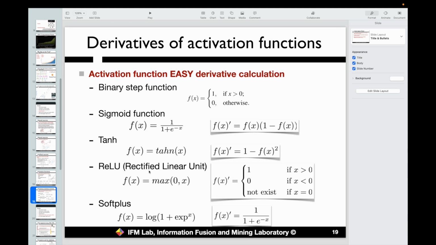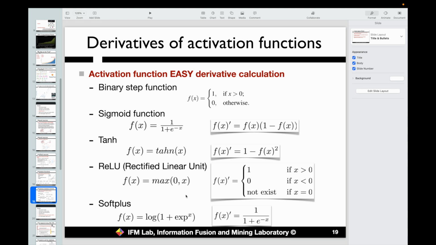And for ReLU, because it is so straightforward, we provide the formula for its derivative: if x is larger than 0, its derivative is the constant 1. If x is less than 0, its derivative equals 0. And if x equals 0, its derivative does not exist. Okay, so this is ReLU.